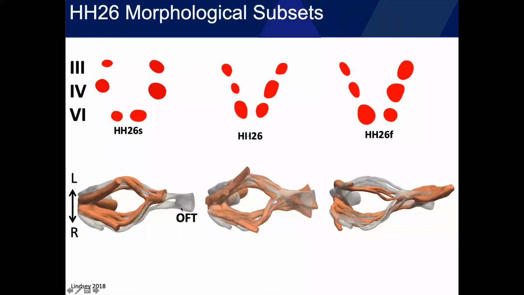Shown in gray is an average model from the 5 HH26 nano CTs that we have, which we averaged using statistical shape modeling. And this is showing what the slow, the regular, and the fast look like compared to that. This peachy color is all the embryos that exist. We had just one slow, one fast, and 2 for the median.